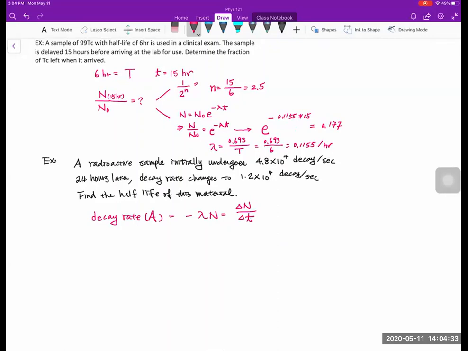Okay, so A is not a constant, right? We keep on emphasizing A is not constant, and A will decrease. As you can see from the numbers that they give you, starting from 4.8 and then dropping to 1.2, it will decrease. And the time period they give you is 24 hours.